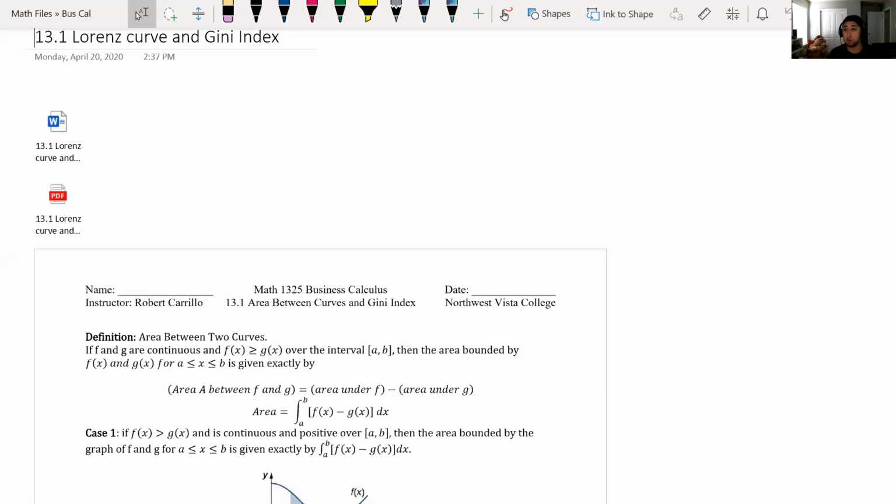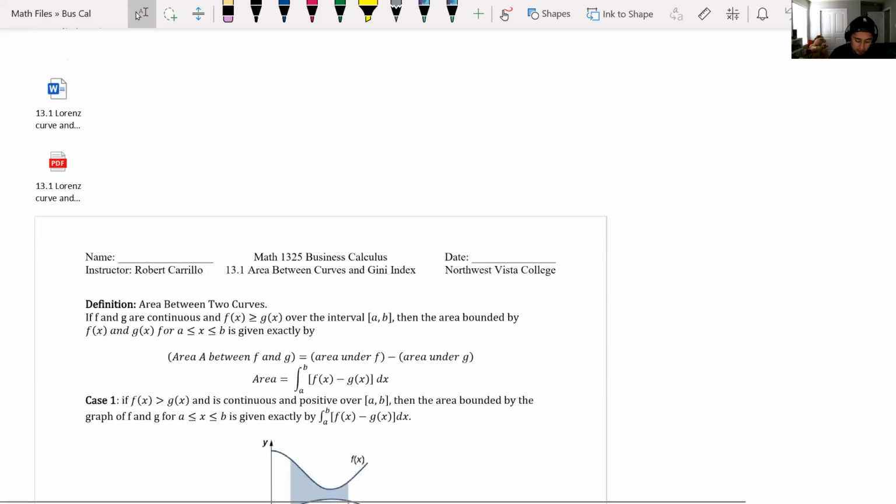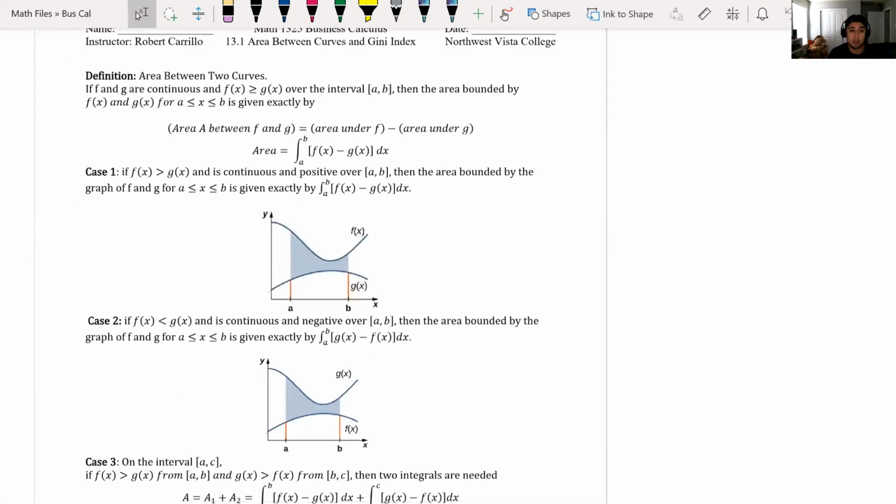So, sounds great, right? With that being said, here's the definition of an area between curves. I guess not even Lorenz curve. We'll just call it area between curves. Okay.